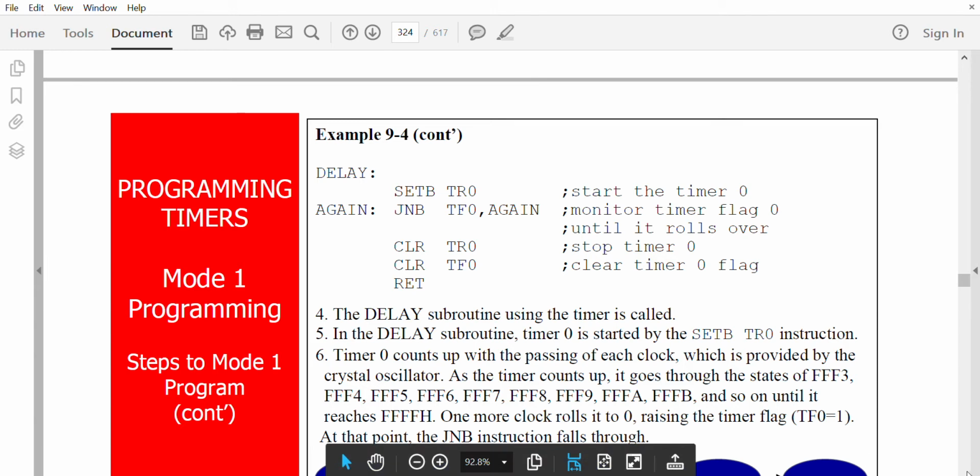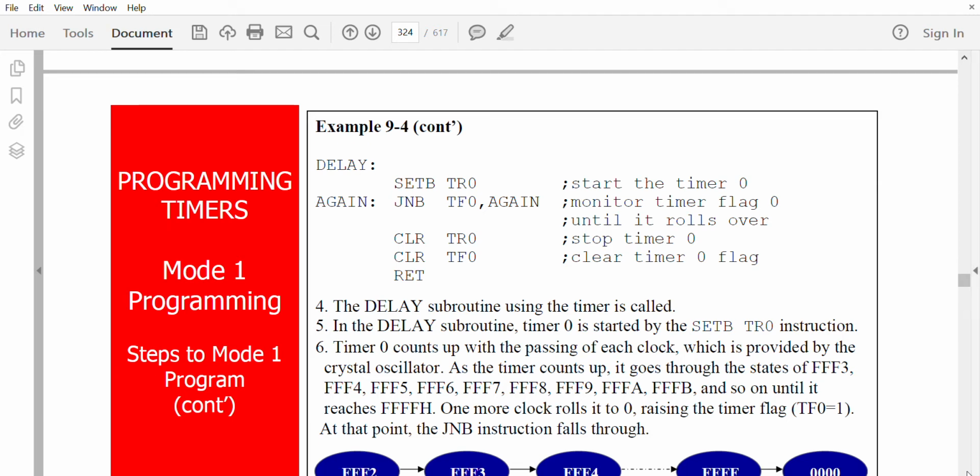Okay, so in this delay program, you need to calculate the delay, assuming that 11.0592 is the crystal frequency. We also know that the frequency of the timer is 1 by 12 the frequency 11.0592.